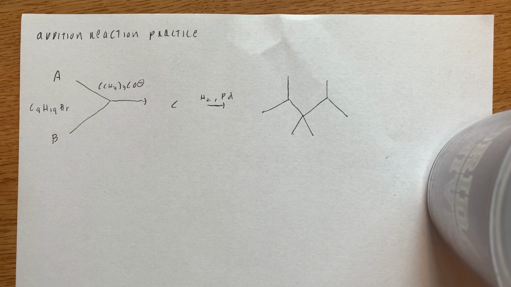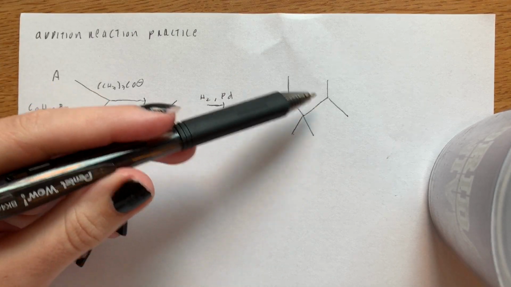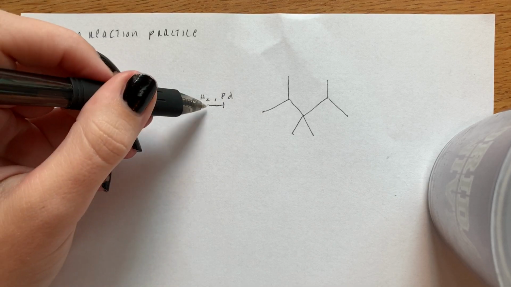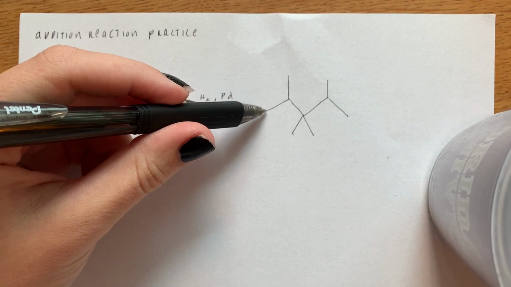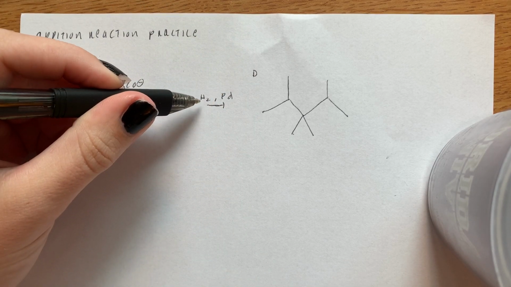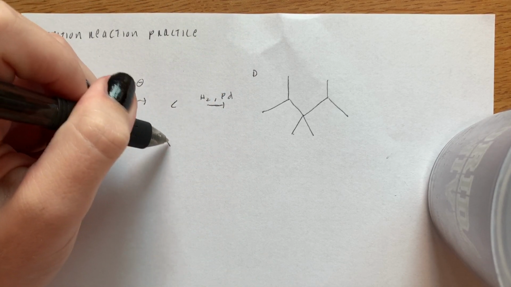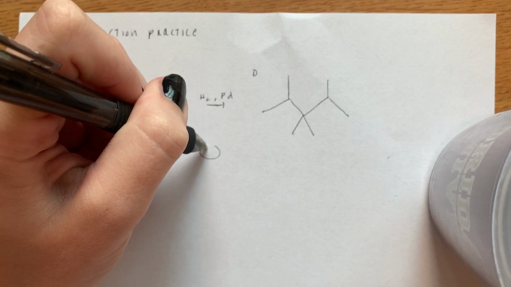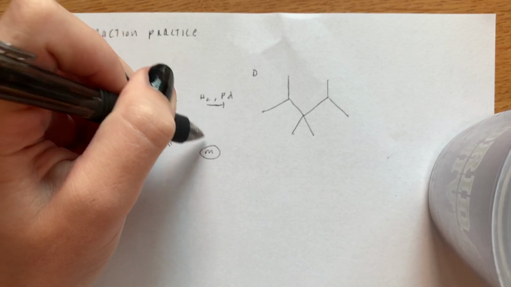So I know that I have to have a double bond somewhere here in this part, because going from C to, pretend this is D, in order for this mechanism to happen, I have to have an alkene, pretend this is my alkene, plus a metal, which is this Pd.